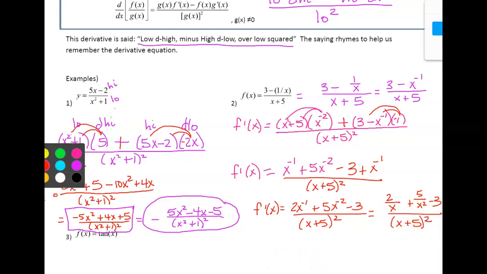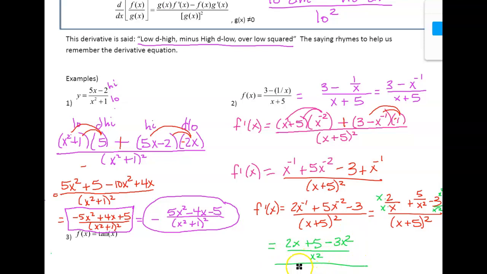Okay. Typically, if we want to follow the rules from secondary 3, we want to get a common denominator. So the common denominator is going to be x squared. So I would need to multiply by an x. That one's fine. I'm going to multiply by an x squared here. So we would end up with 2x plus 5 minus 3x squared all over x squared.